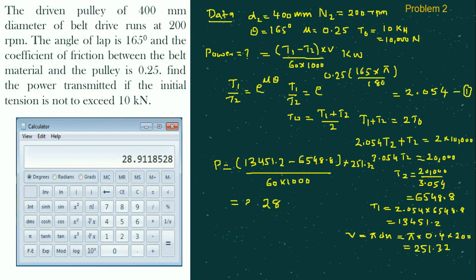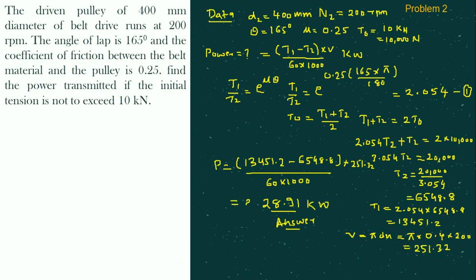So now the value we got is 28.911. It means that this belt drive is going to transmit the power of 28.91 kilowatts.